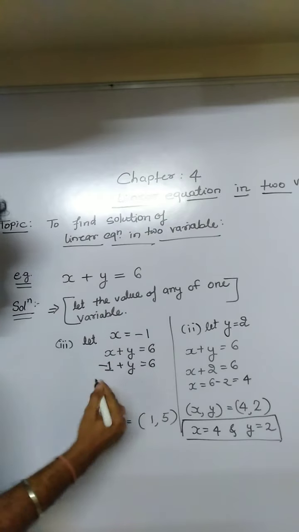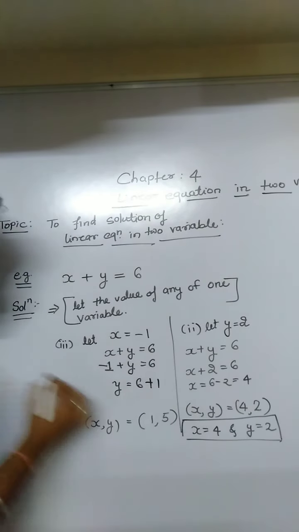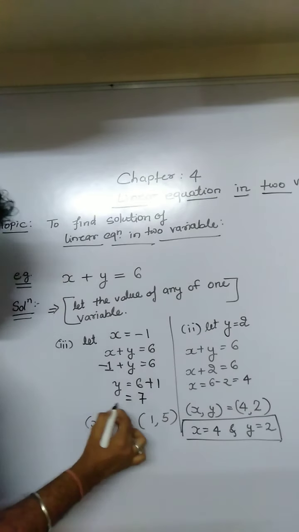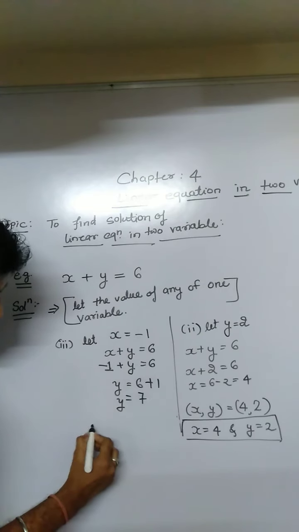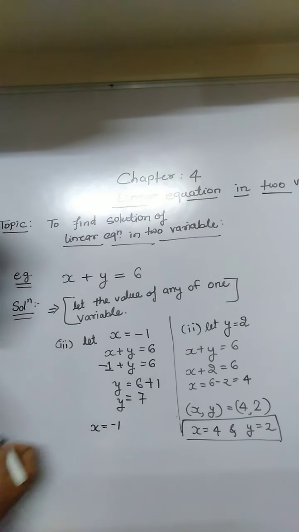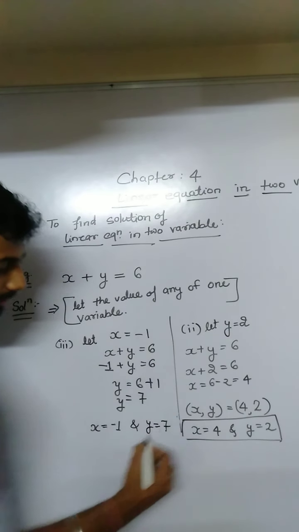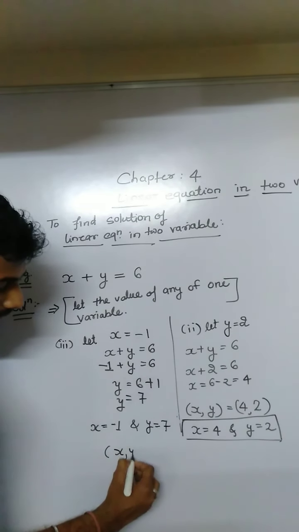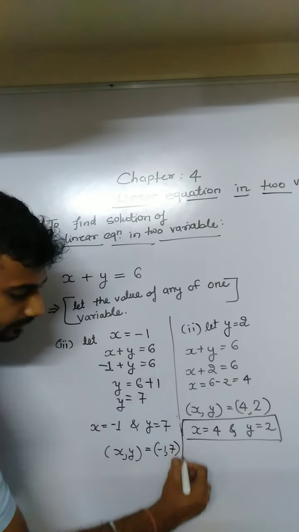If it goes to the right hand side, it will get converted into plus. So y is equal to 7. When we have taken x equals minus 1, our y comes to be 7. So we can write x comma y is minus 1 comma 7.